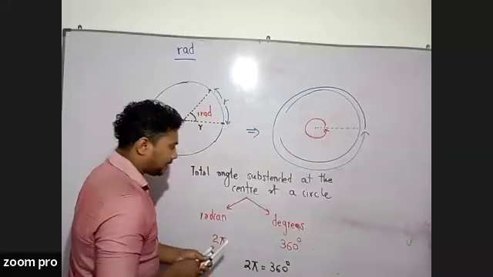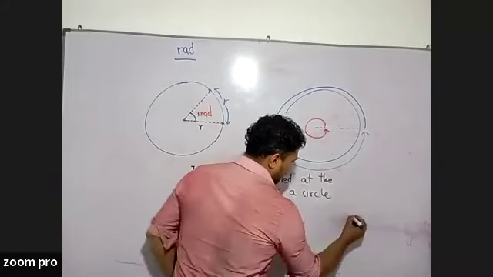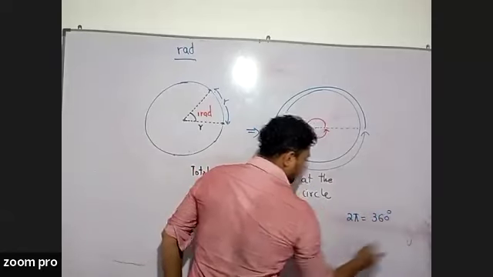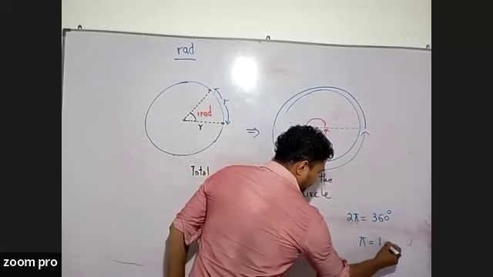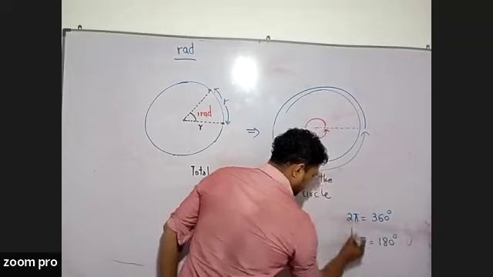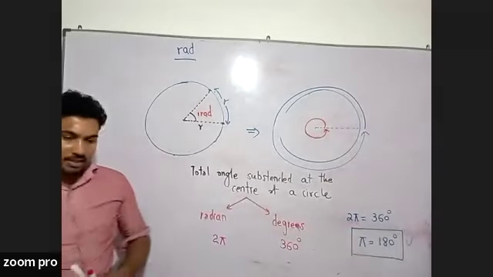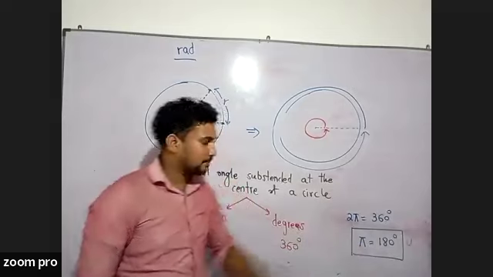If I further simplify it, pi radians equals 180 degrees. So this is the final conclusion under this topic, right?